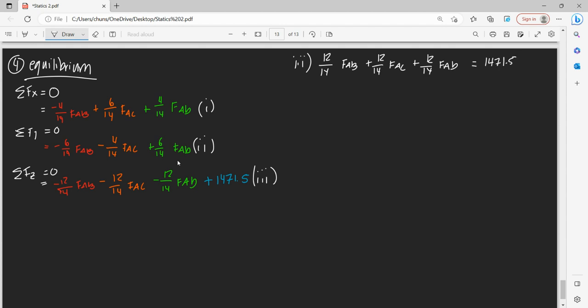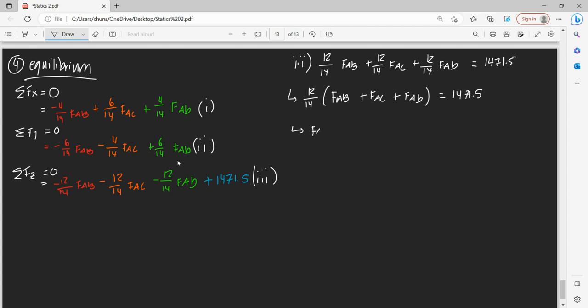1471.5. I'm going to take 12 14ths out, so then that's FAB plus FAC plus FAD. And then we can move that over, so we can take 1471.5 multiplied by 14 divided by 12.